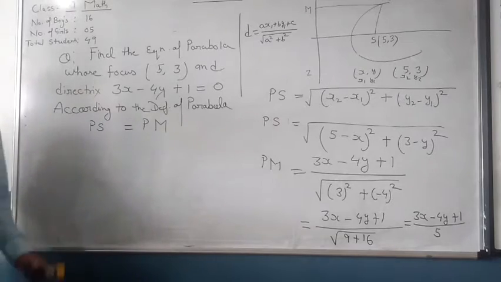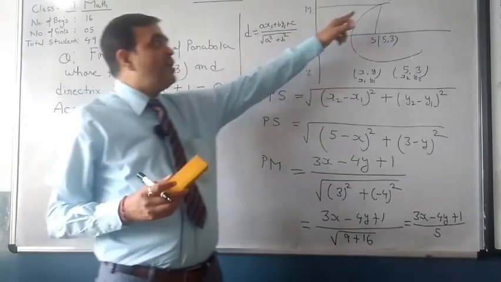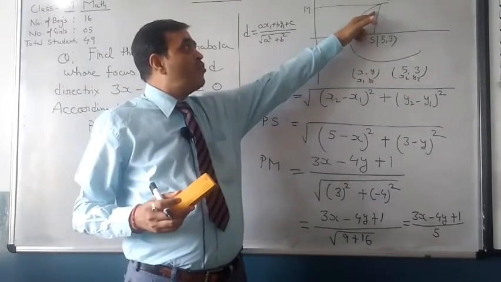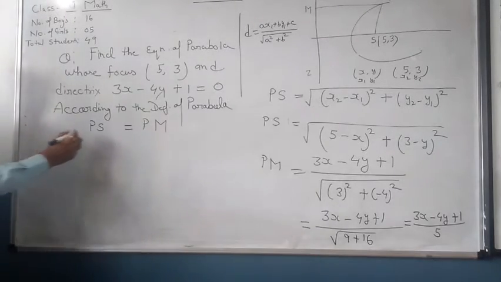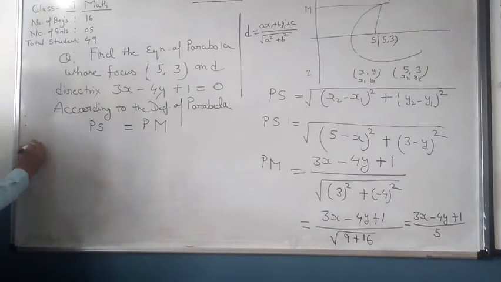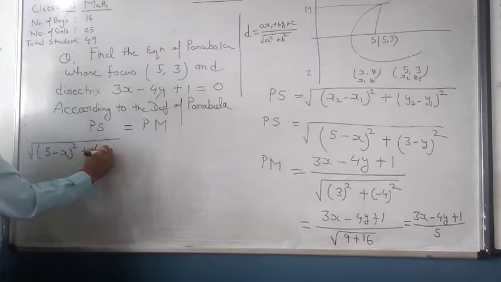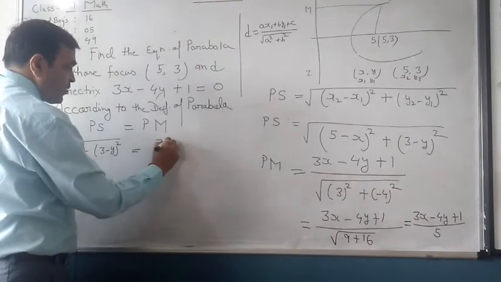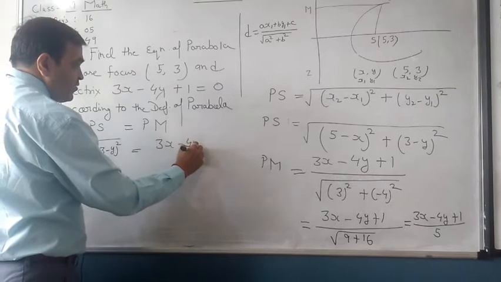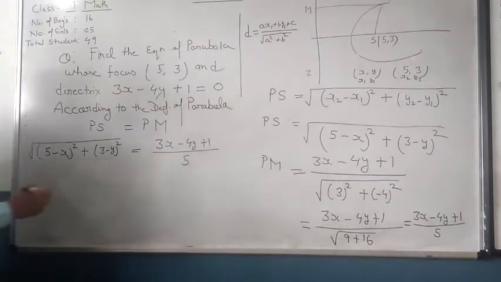The distance from a point to the focus is equal to the distance from the point to the directrix; it should always be equal. So PS is equal to under root (5 minus x) whole square plus (3 minus y) whole square, which equals (3x minus 4y plus 1) upon 5.